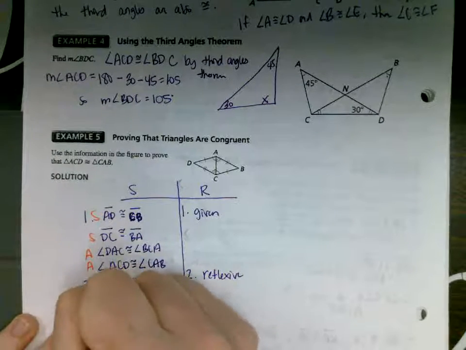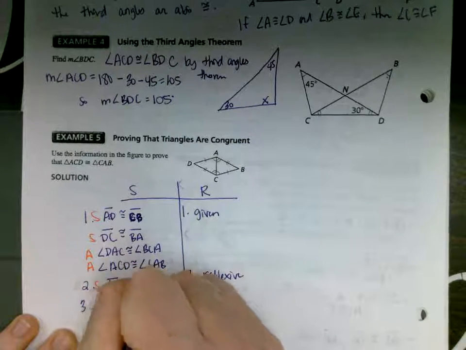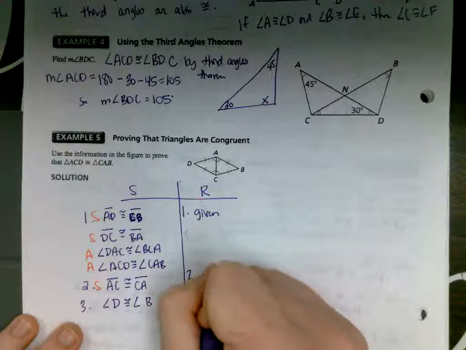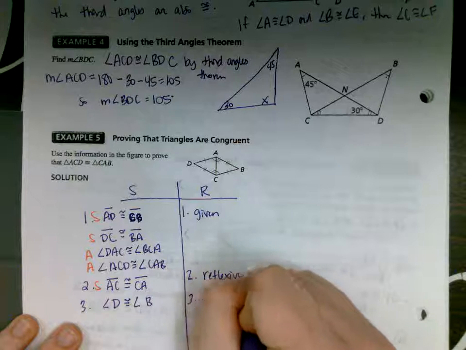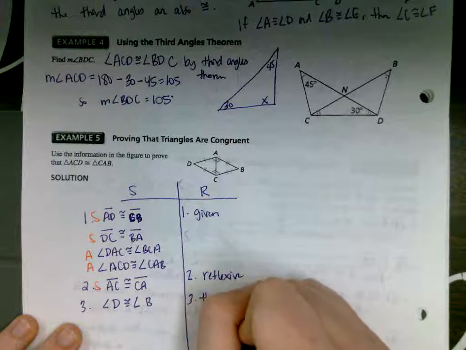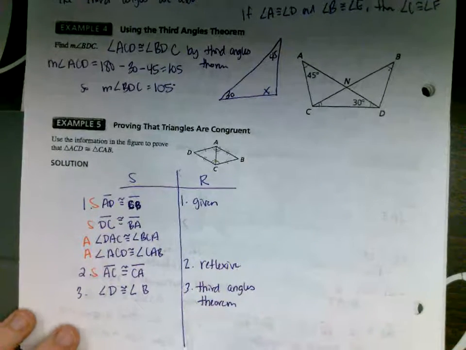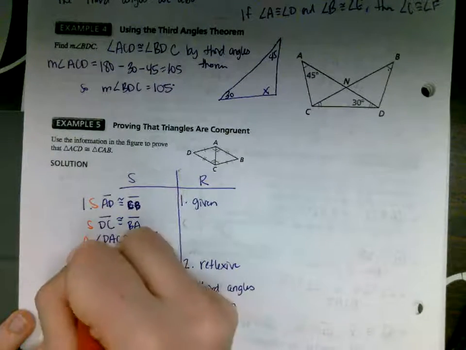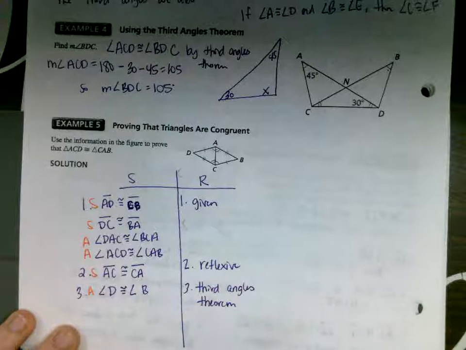Well, I know that angle D would have to be congruent to angle B by the third angles theorem. And so that was my last angle. So I have 3 angles and 3 sides.